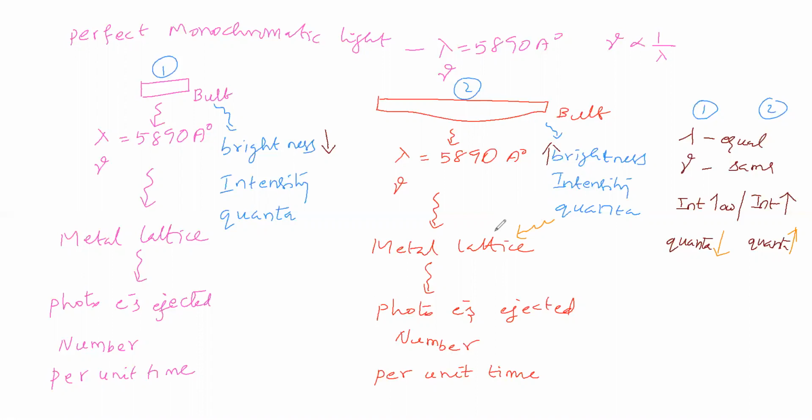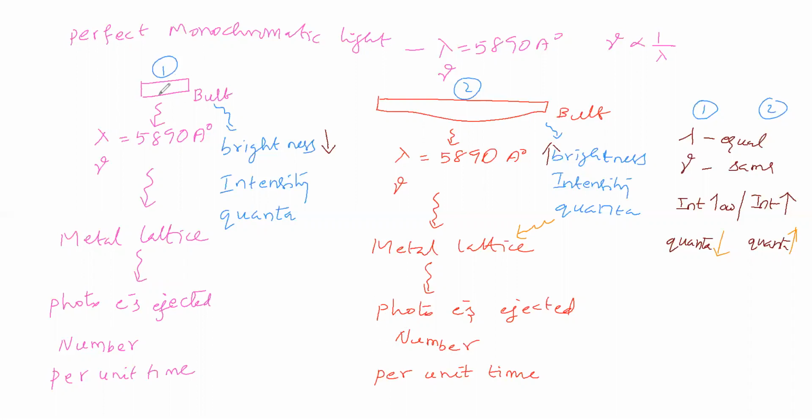So now say how the number of photoelectrons emitted from the metal lattice on exposing to the first bulb, and to the second bulb, will be.